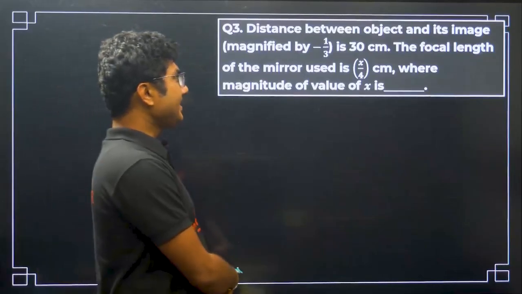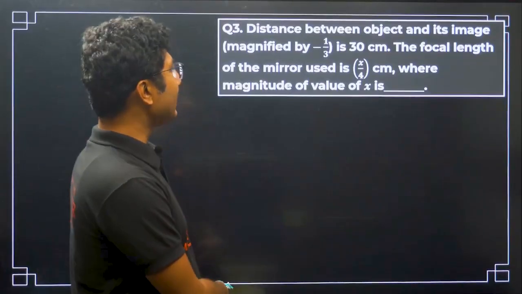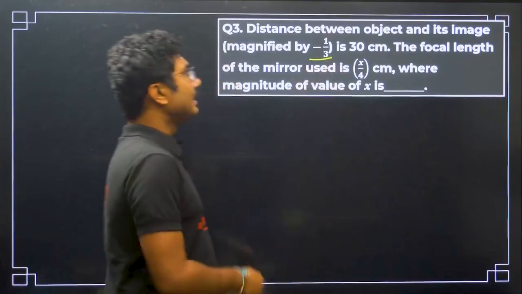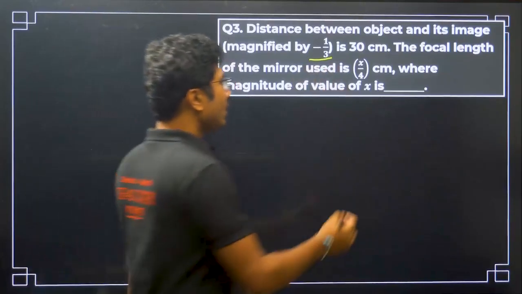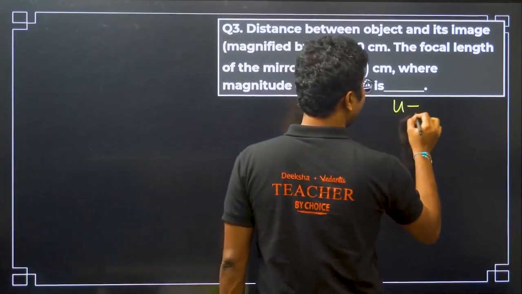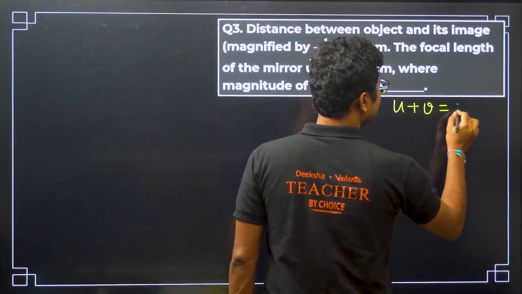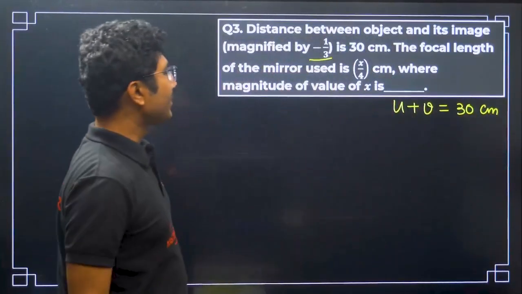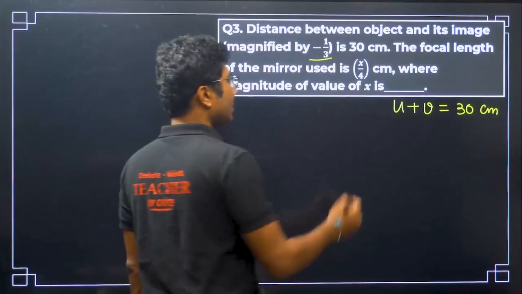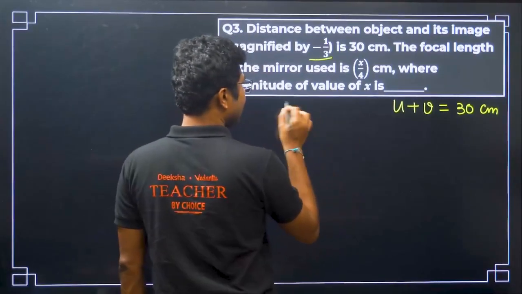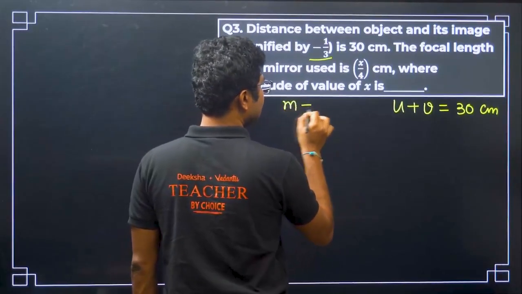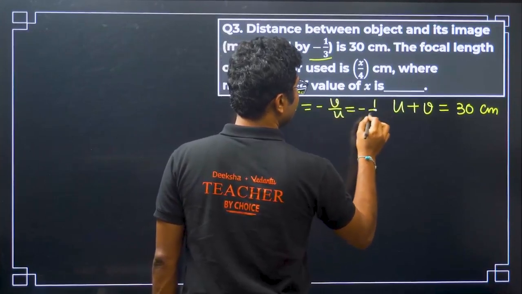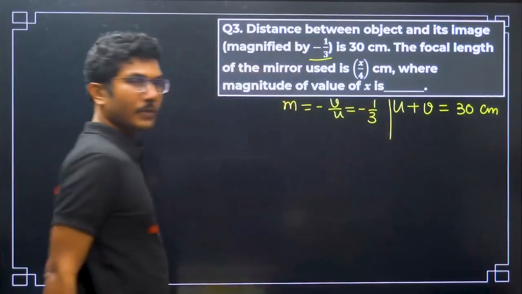Next, the distance between an object and its image, magnified by minus 1/3, is 30 centimeter. Again a similar question. So u plus v is given as 30 centimeter. Magnification is given as 1/3. Magnification is generally negative, so minus v by u equals minus 1/3. This is given, right?